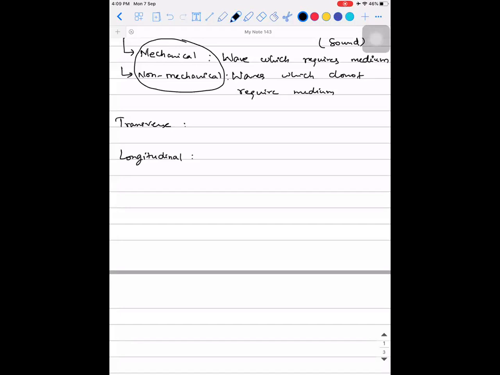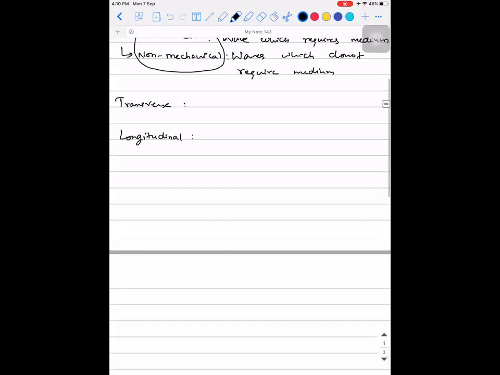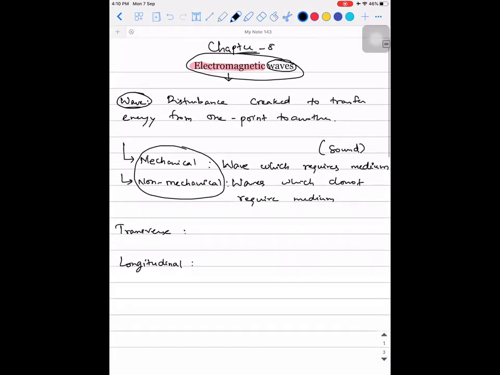Okay, so what do you mean by a transverse wave then? So what exactly does a wave contain? You have particles. I told disturbance created. The question is disturbance created to whom? Disturbance created to the particles, and what is the main objective of the disturbance? To transfer energy from one point to another.